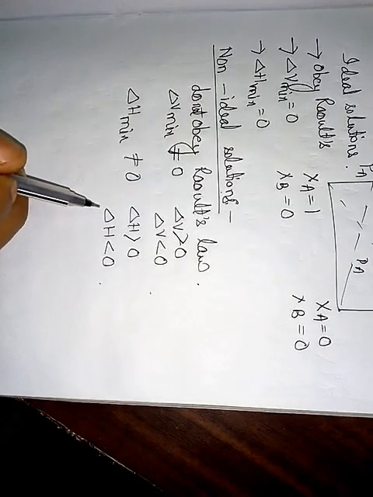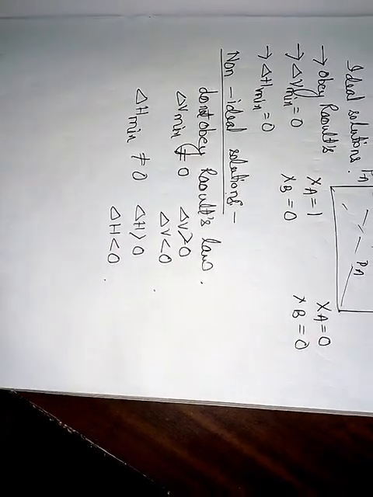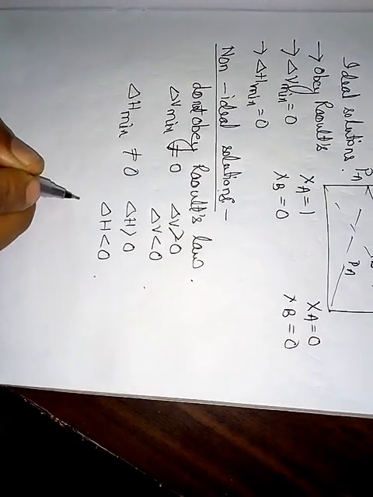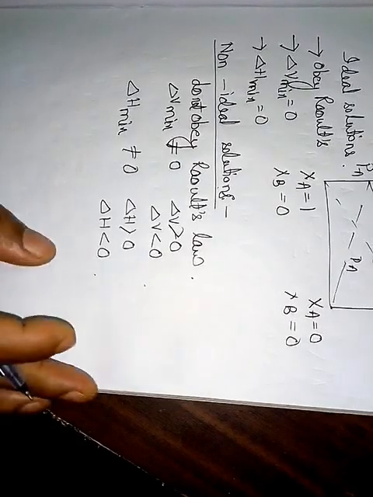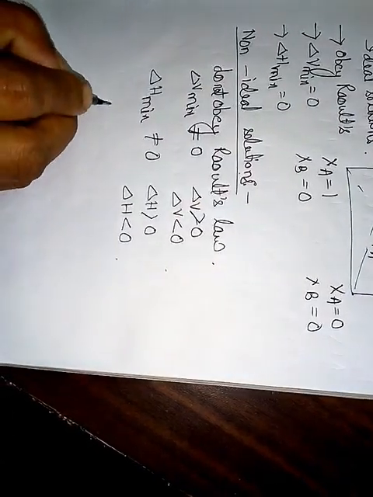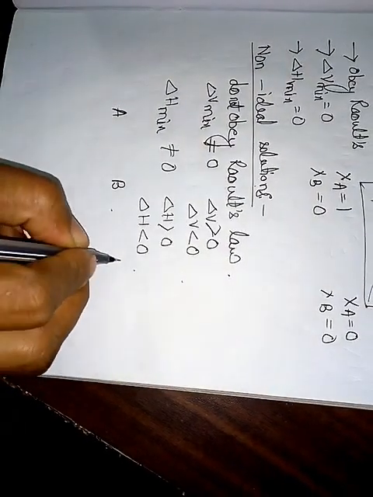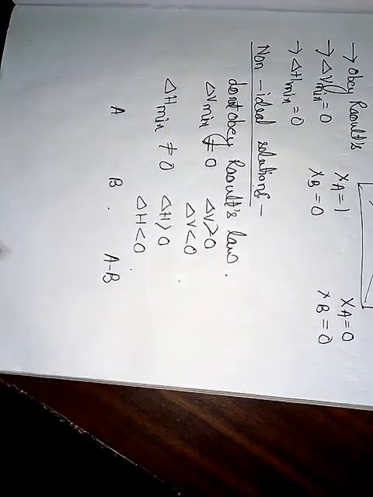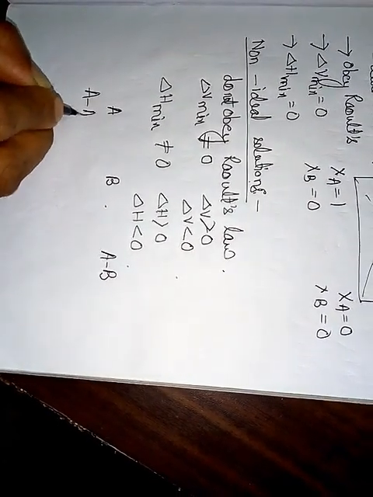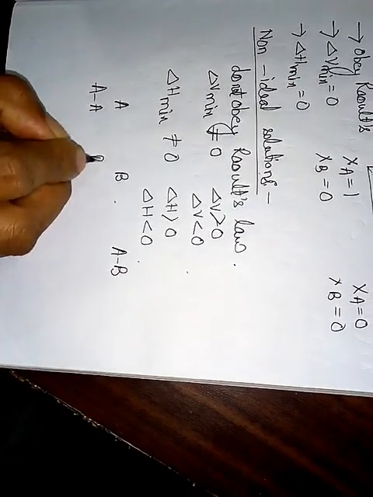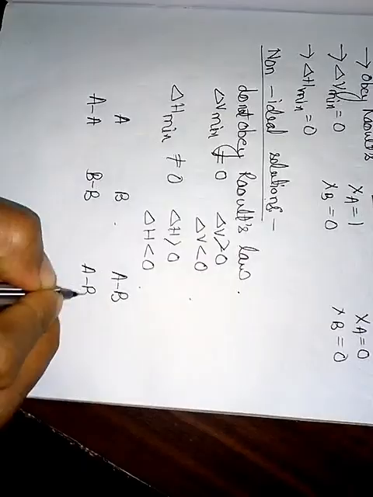So, when we discuss ideal solutions and non-ideal solutions, we have to explain the interactions between the components A and B. A component is there, B component is there, and after mixing we get a solution or a mixture of A and B. So for A we have AA interactions, for B we have BB interactions, and for the solution we have AB interactions.